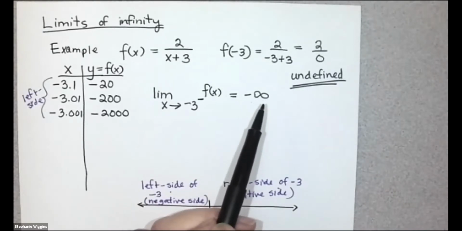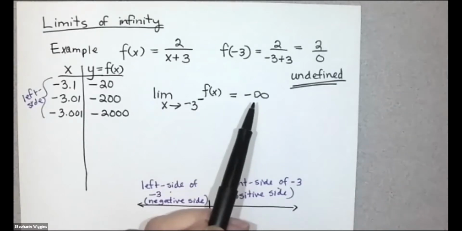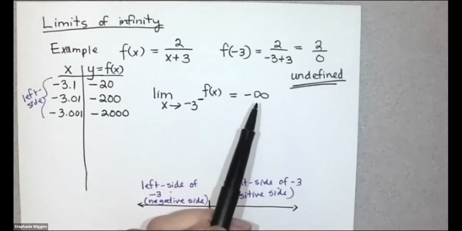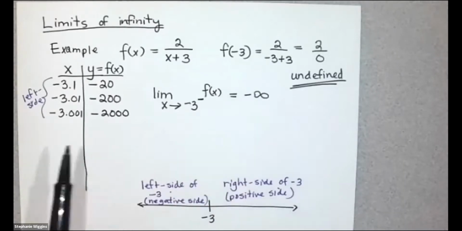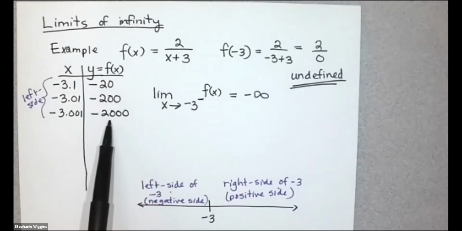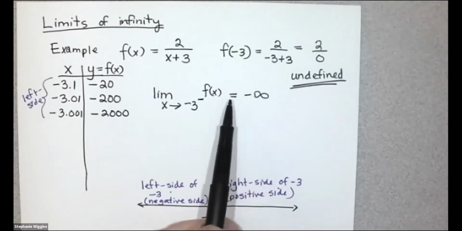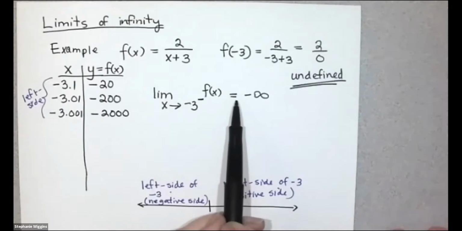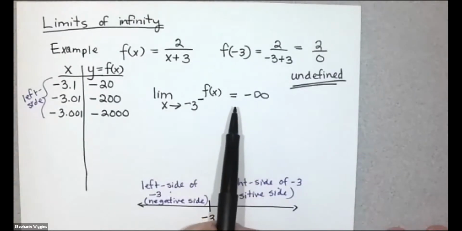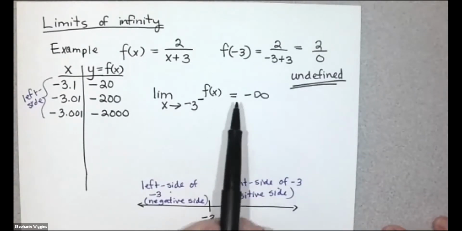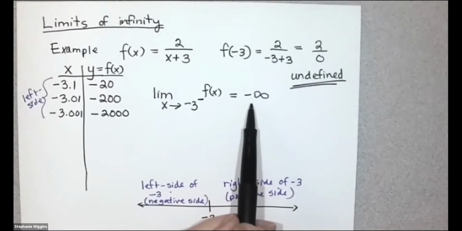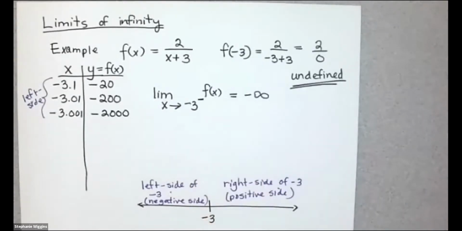This is just a notation that means the limit has no bound. It's going down very negatively, and the numbers are getting larger and larger, and they're all negative. So this is just a notation. You can't say that anything is really equal to -infinity. It's just to show that they're increasing negatively without bound.